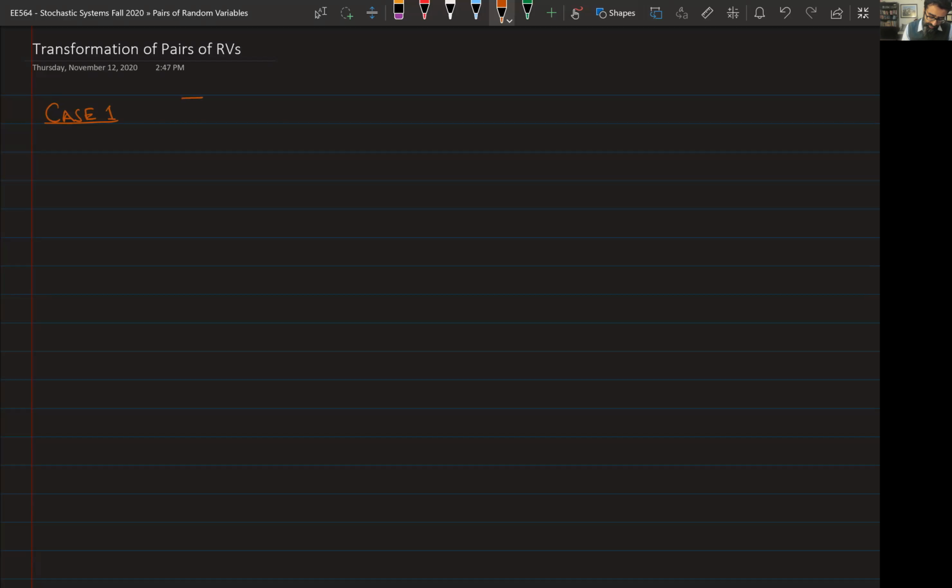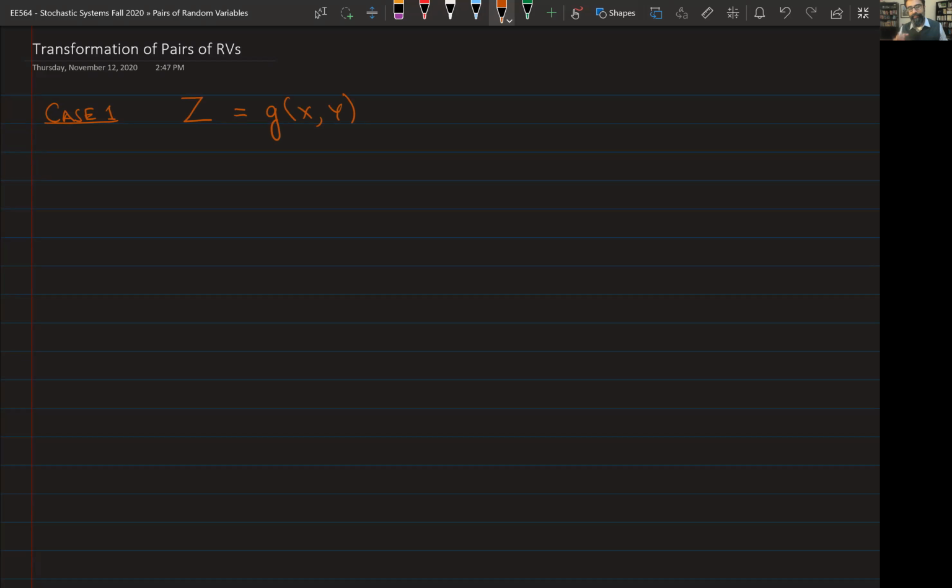Case one is where Z is a random variable which is a function of two random variables now, right? So remember, in the previous chapter, we said that there's one random variable, which is input to some system or some function, and then there's one output, right? So y equals g of x. And if we knew the PDF on x, we were required to find the PDF on y, right? So what does this transformation do to the statistical properties of the random variable?